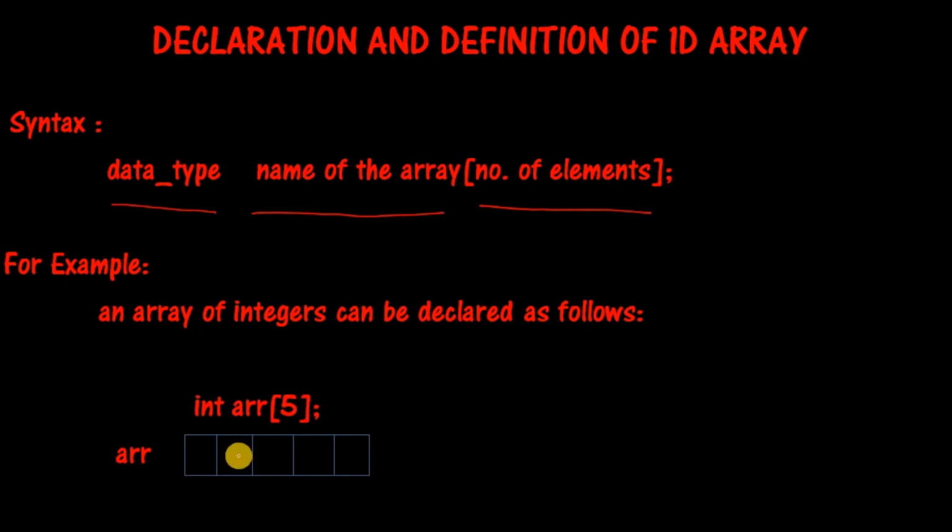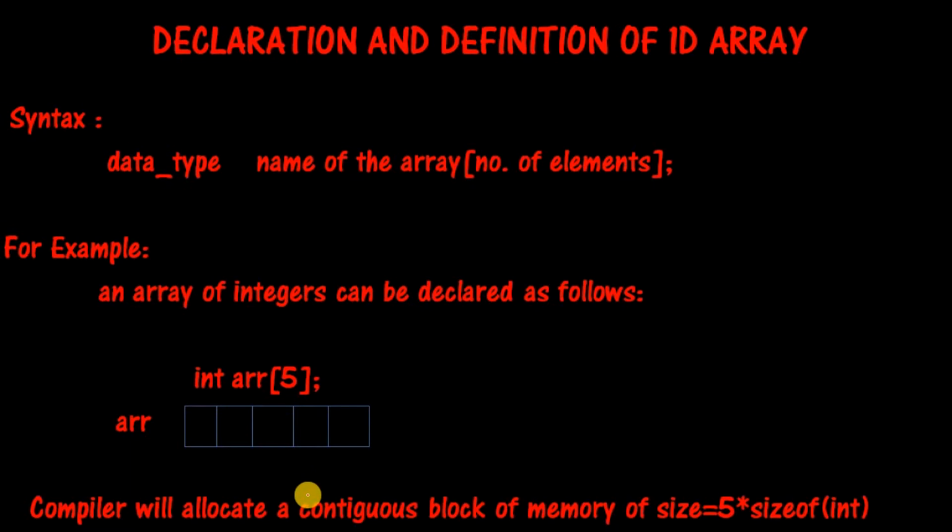When I say defining it, it means the compiler will allocate a contiguous block of memory of size equal to 5 into size of integer.